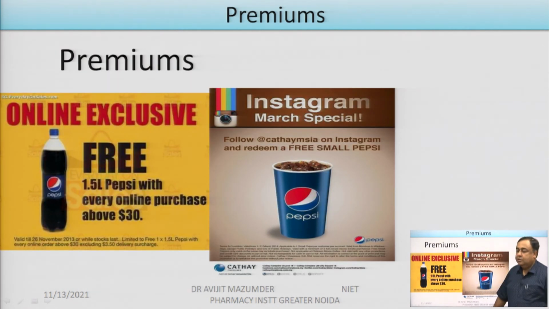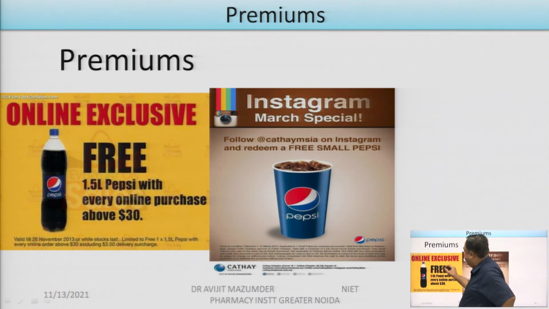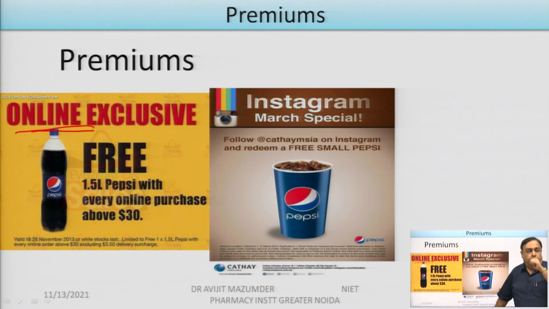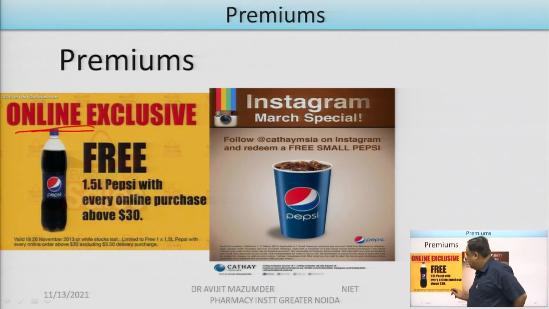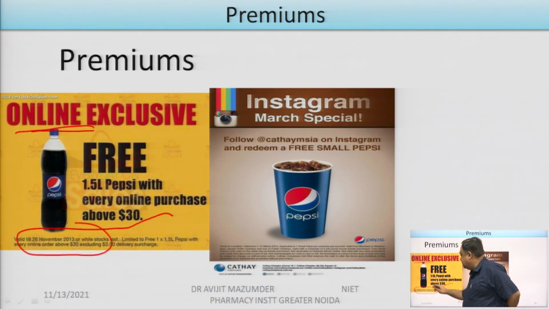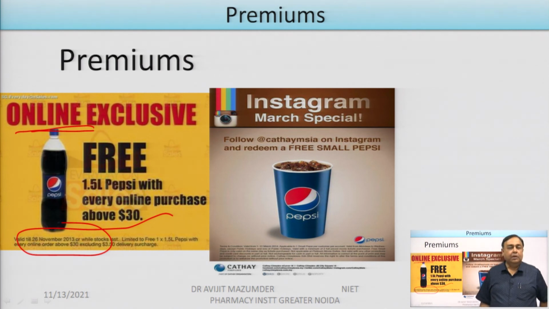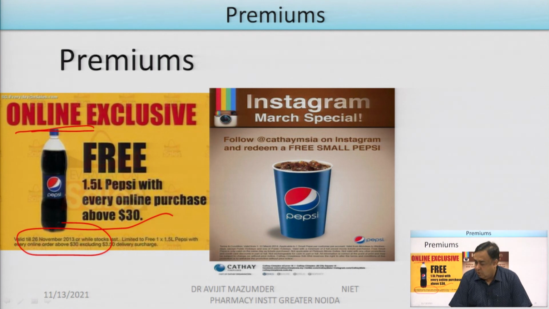Next are the premiums. They are highlighting that it is exclusively online: with 1.5 liters of Pepsi, with every online purchase over $30, they will be providing it for a certain period of time. Instagram is another approach where Pepsi has been successful.